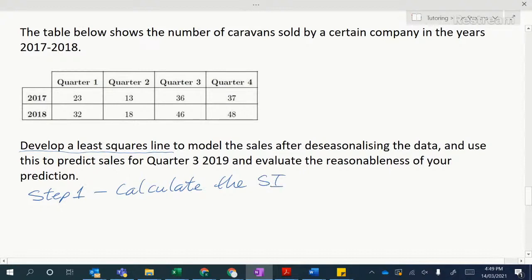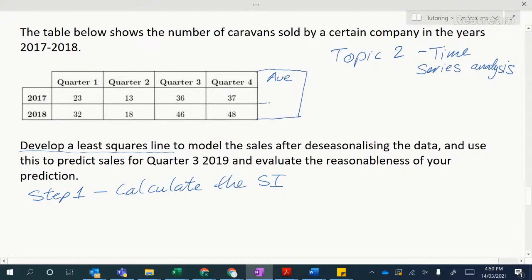To calculate the seasonal indices, this is topic 2, by the way, the first thing you need to do is come up with an average for the year. So I just like to do that by adding an extra column here.